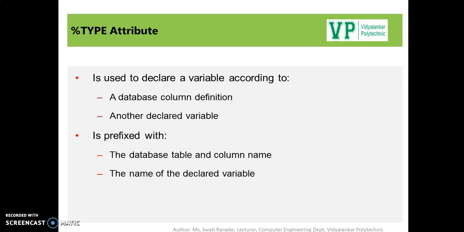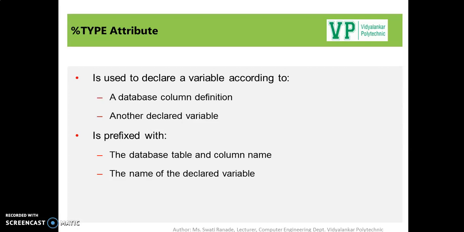The first one, a database column definition, means the data type is the same as the column from the table. Here we can say employee ID has number data type. With the help of the %TYPE attribute, I can assign the same data type to the variable without knowing the actual data type.